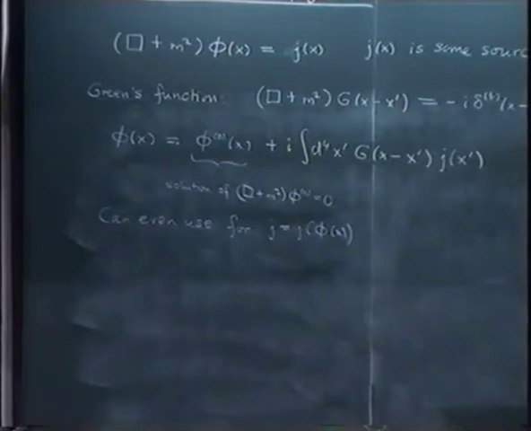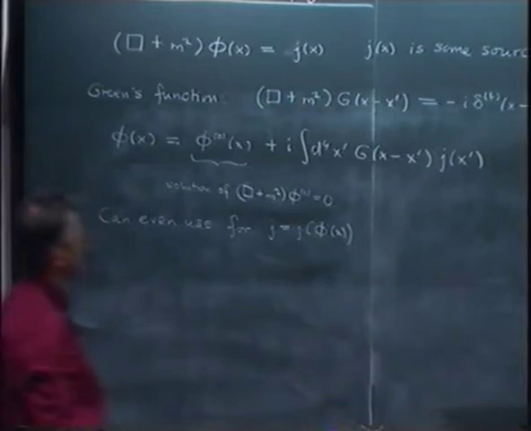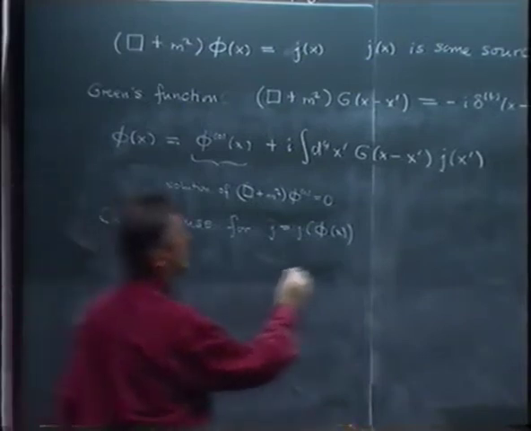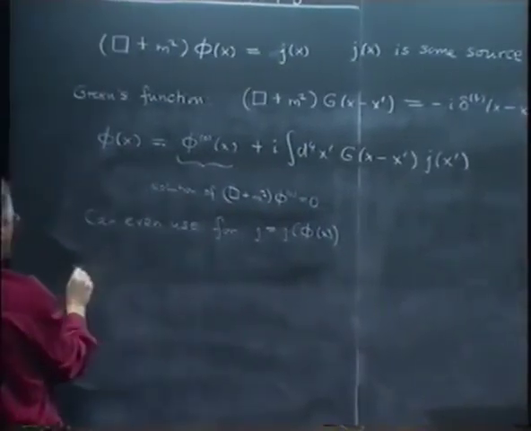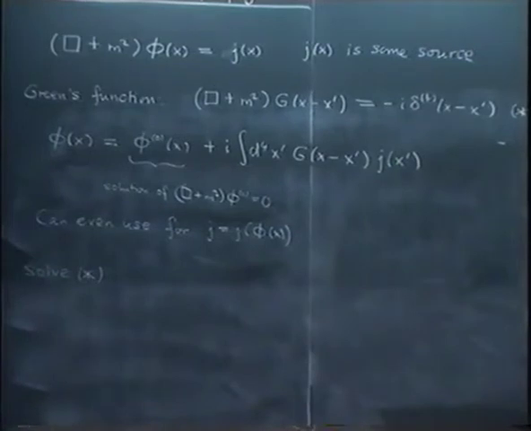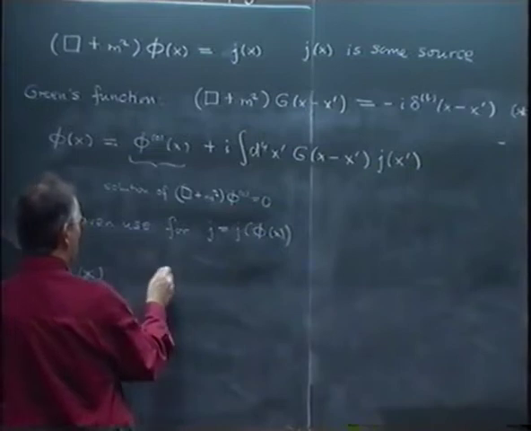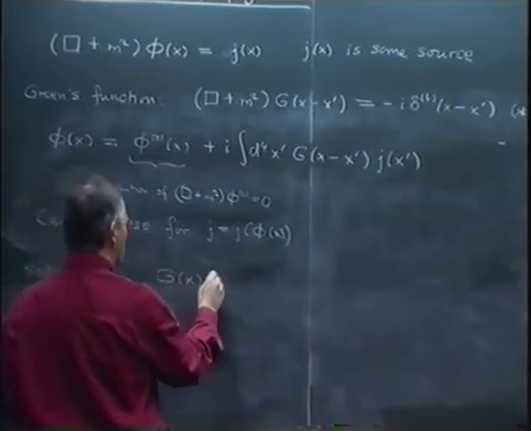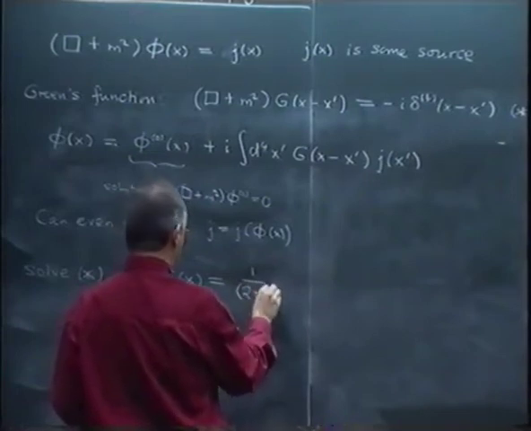Well, so all we have to do is solve this equation here, and this is done by going to Fourier space. We call this star, solve star by going to Fourier space, and by doing so, you find that g of x is equal to 1 over (2 pi)^4.